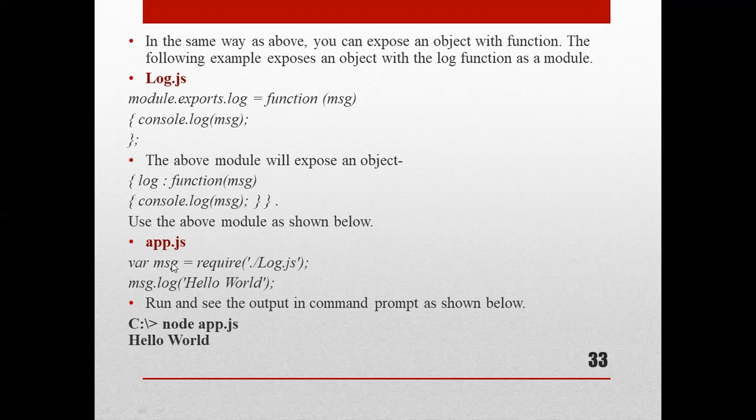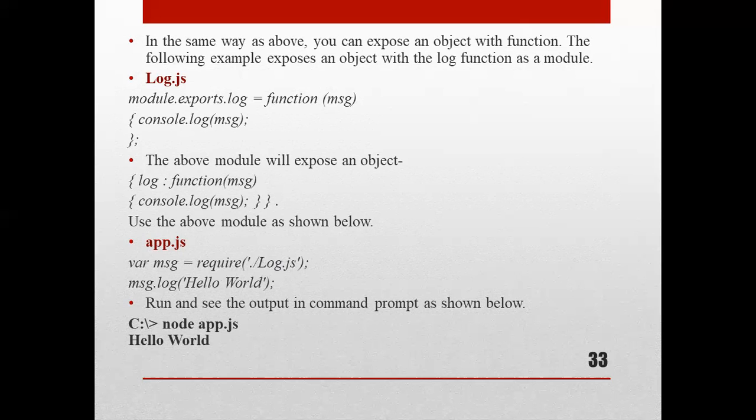In another JavaScript file, we are going to take one variable and import the module using the require function with the path of that module. Now how are we going to access that object here?